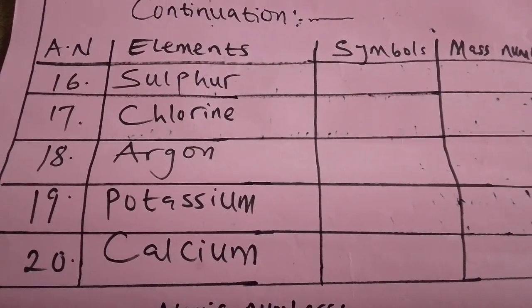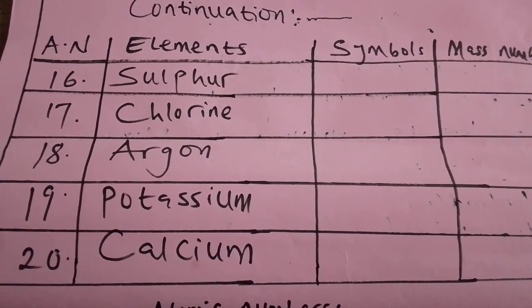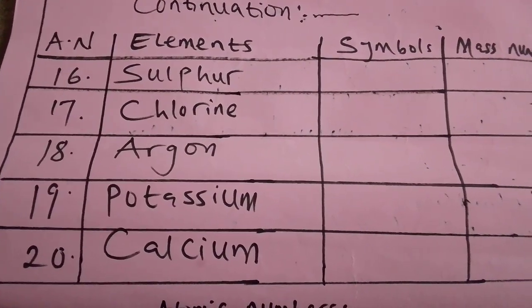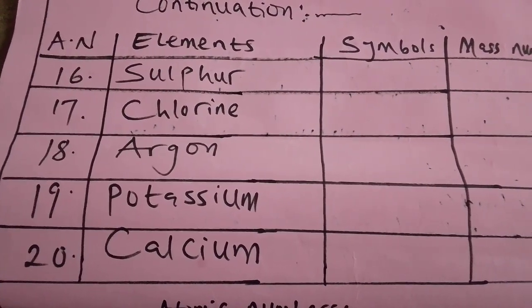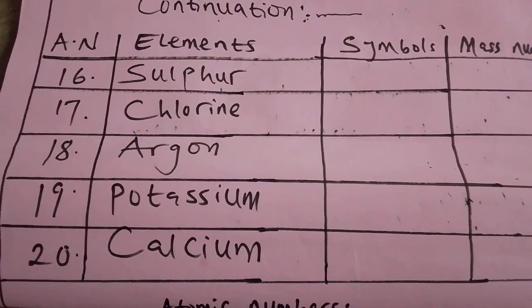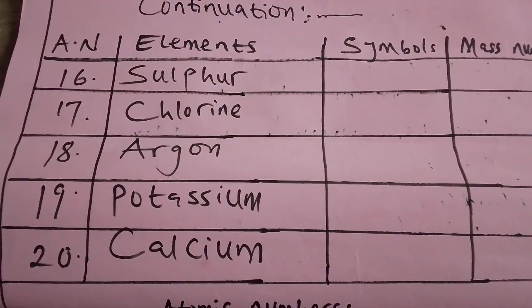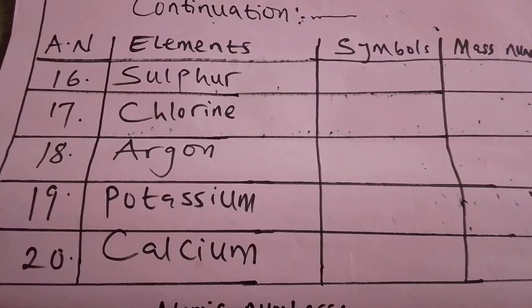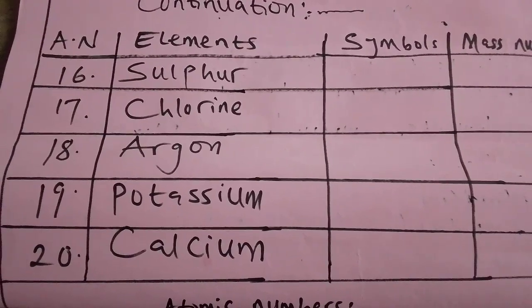By God's grace, today we are going to continue as I said. So now we finished elements. We are going to enter symbols and mass number: how to write symbols and also mass numbers.